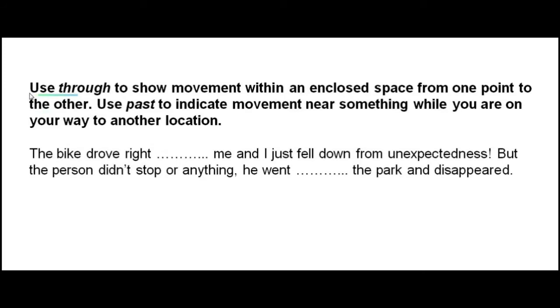Also note that we use through to show movement within an enclosed space from one point to the other. And we use past to indicate movement near something while you are on your way to another location. Now read the text below and fill in the blanks with through or past.